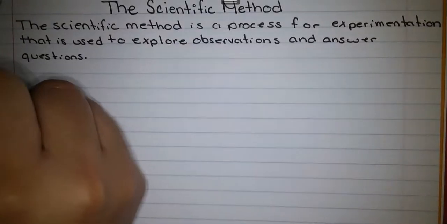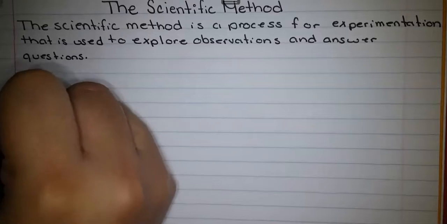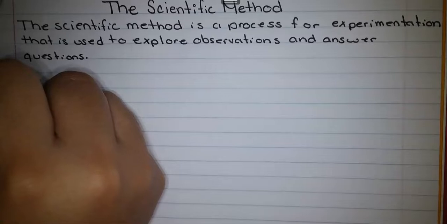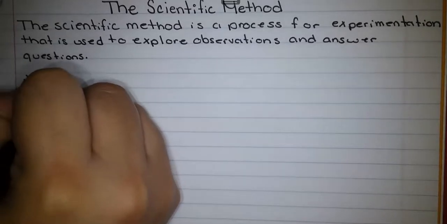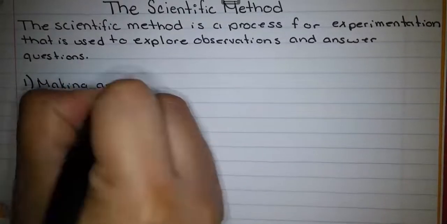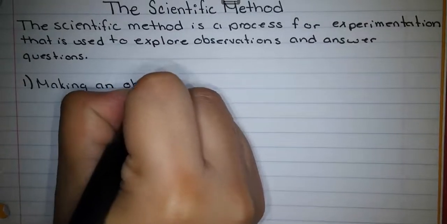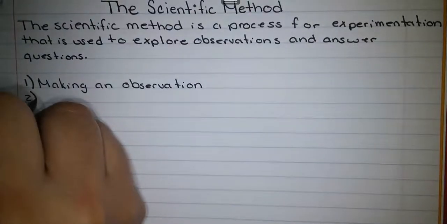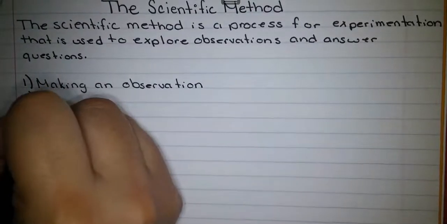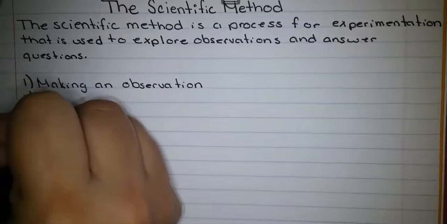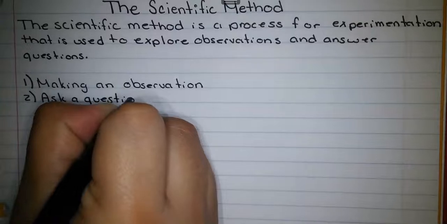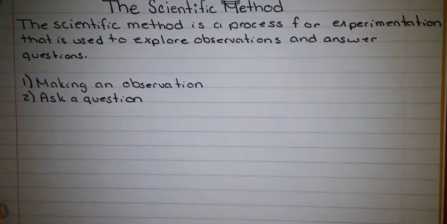The first step is to make an observation. Step 2, you are going to ask a question. And that question is basically based off the observation you are doing.